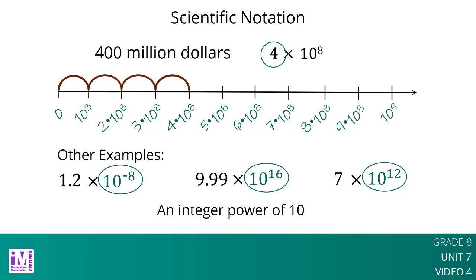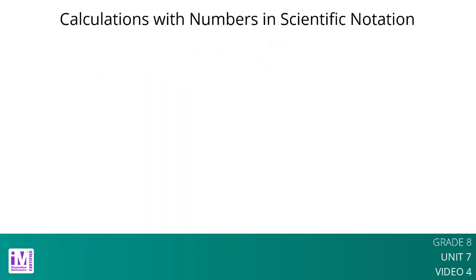Multiplying numbers in scientific notation extends what we do when we multiply regular decimal numbers. For example, one way to find 80 times 60 is to view 80 as 8 tens and to view 60 as 6 tens.